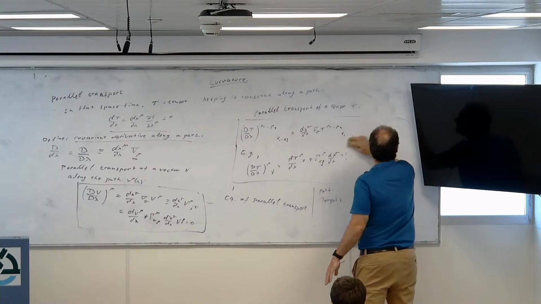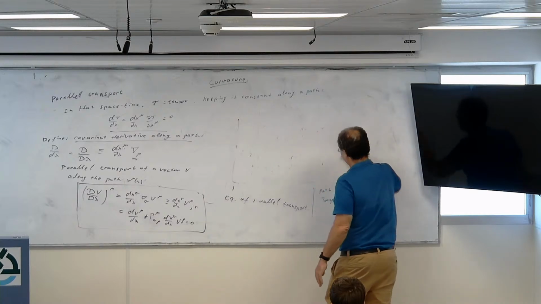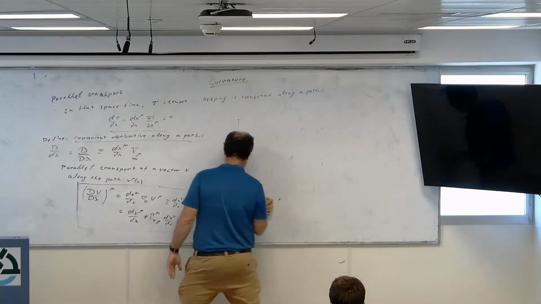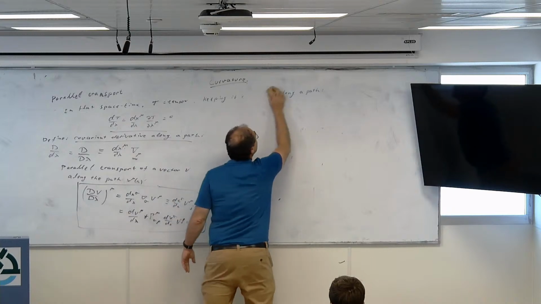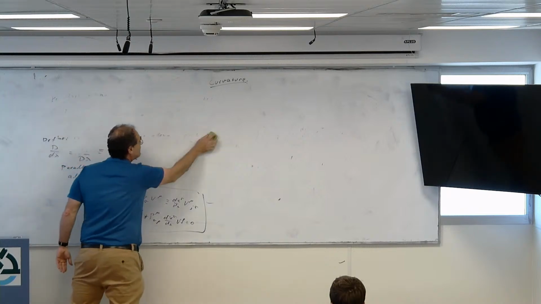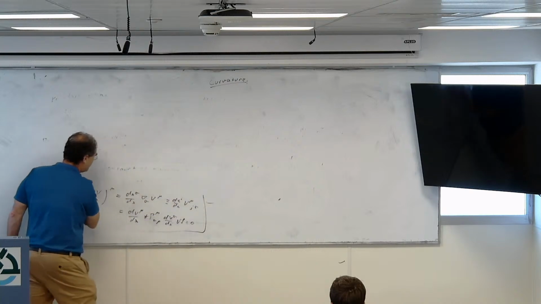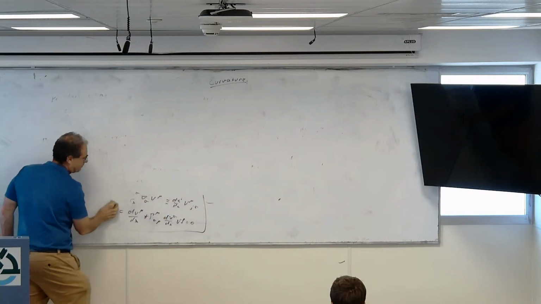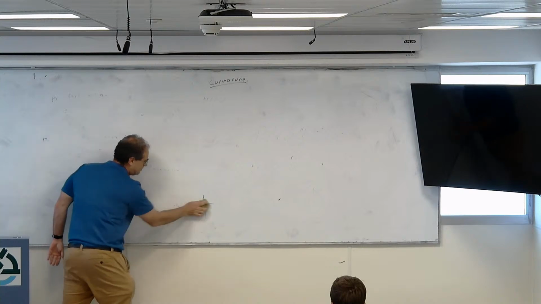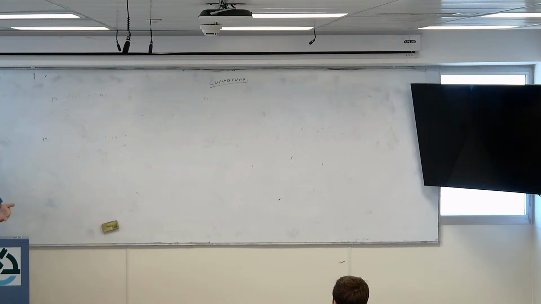So, how am I going to define curvature? Come on, you know the answer already. How do I know if a given space-time or a given manifold is flat or curved? Just calculate what we just wrote, and if it's 0, it's flat. Calculate what exactly?